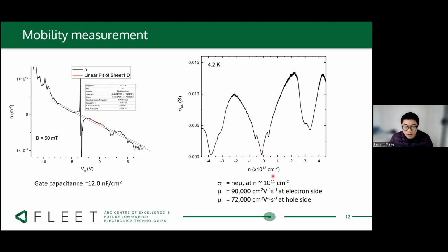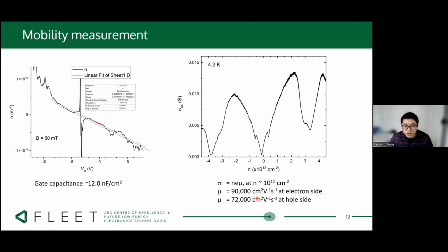mobility from the zero magnetic field transport. So this figure shows the conductivity as a function of carrier density, and using this equation we can estimate the mobility.